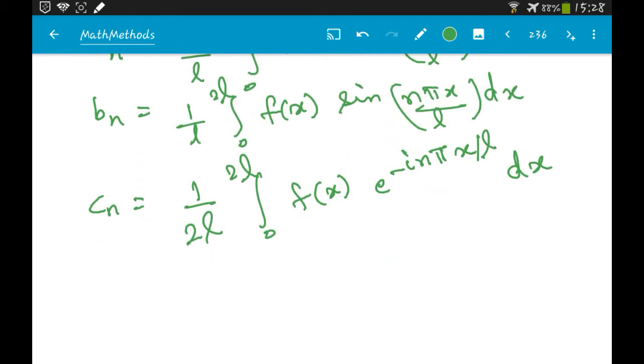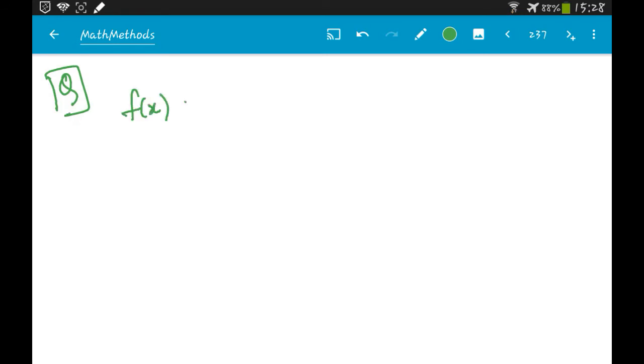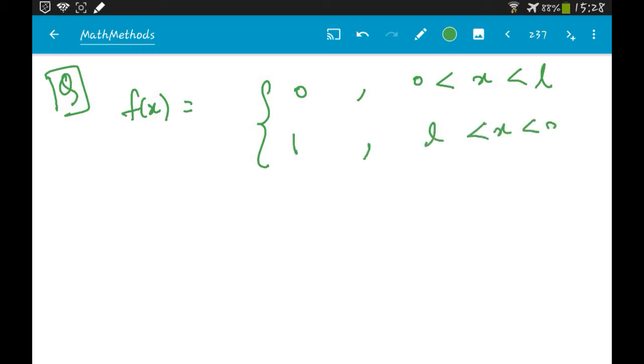So now let's do a problem. f of x is given by 0 for x between 0 and L, and 1 for x between L and 2L.